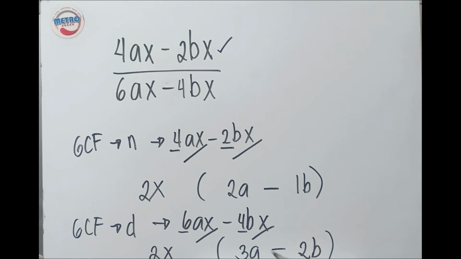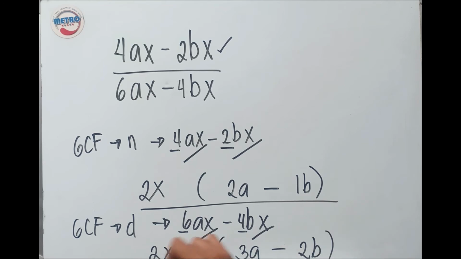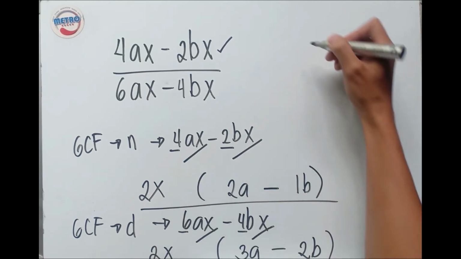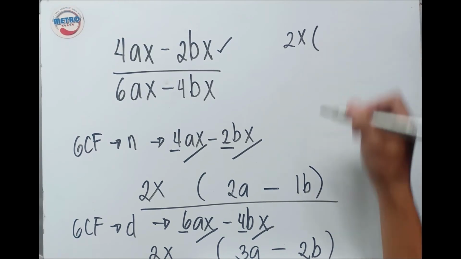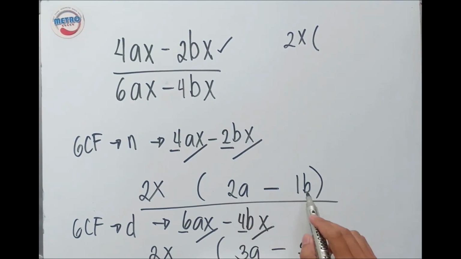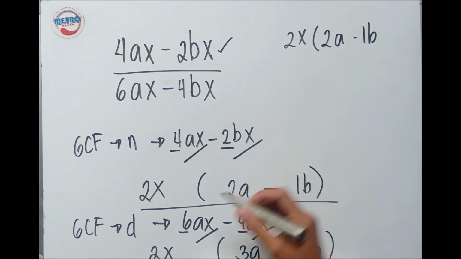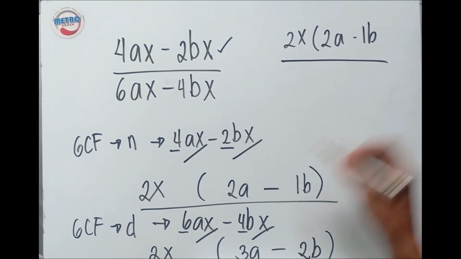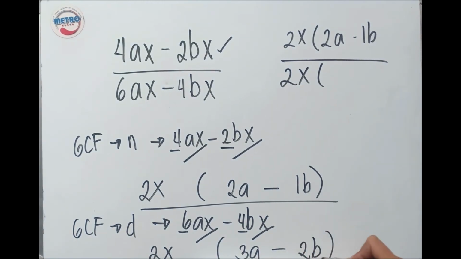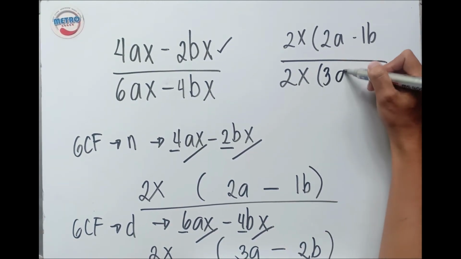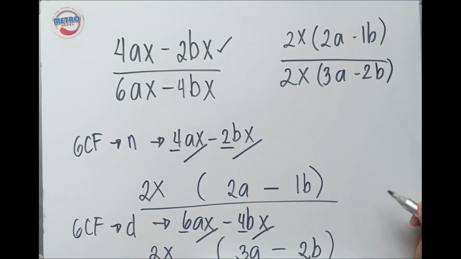Then, let's rewrite the given. So we have 2x, open parenthesis, 2a minus 1b, over 2x times 3a minus 2b. Then don't forget to write the close parenthesis.